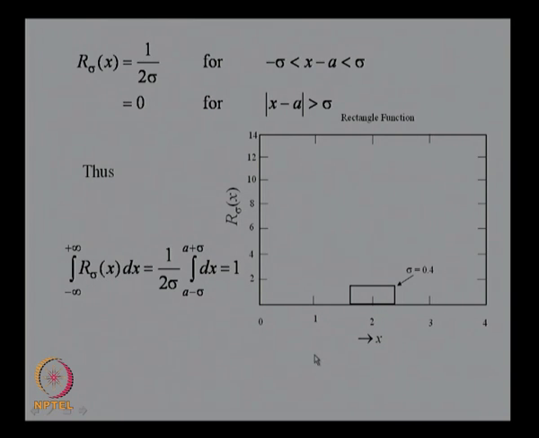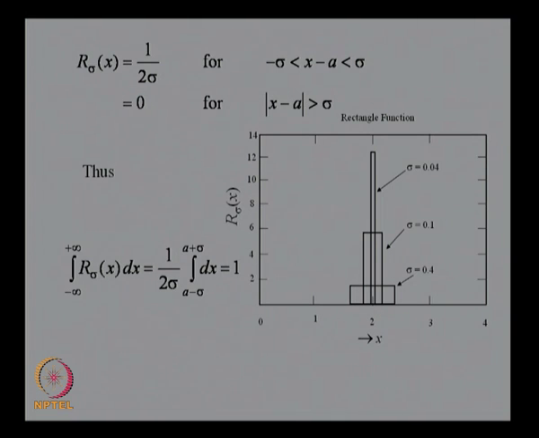Now I reduce the value of sigma. Here sigma is equal to 0.4. So, 1 over 2 sigma is 1 over 0.8, which is slightly more than 1, and when you make it 0.1, this becomes larger.